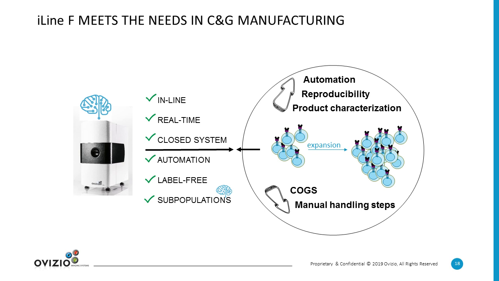No need for the use of stains or reagents or fluorescent dyes. And thanks to the machine learning, it's possible to differentiate subpopulations within a CAR-T culture. Of course, that leads to increased automation, increased reproducibility, increased product characterization, which causes a decrease in costs and a decrease in manual steps.